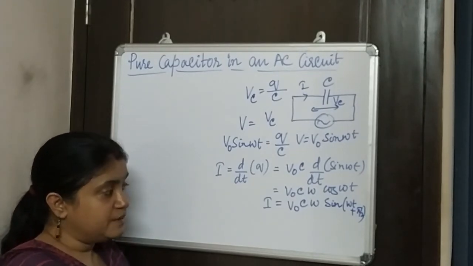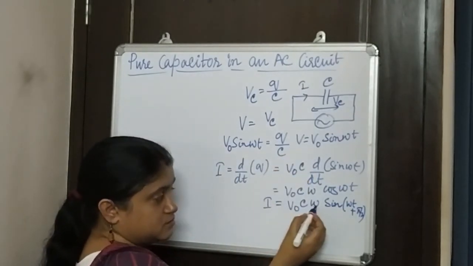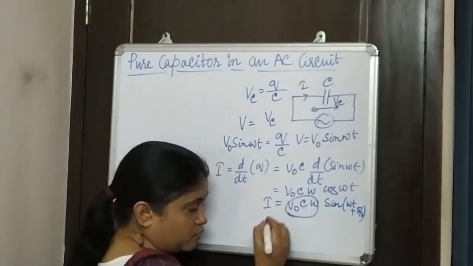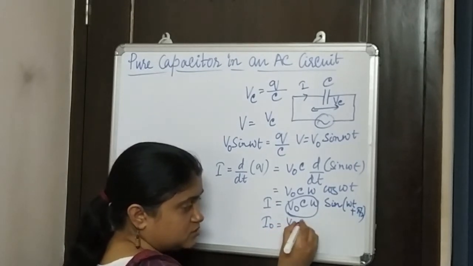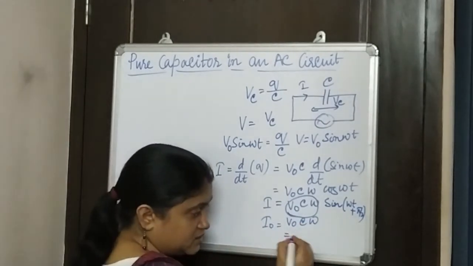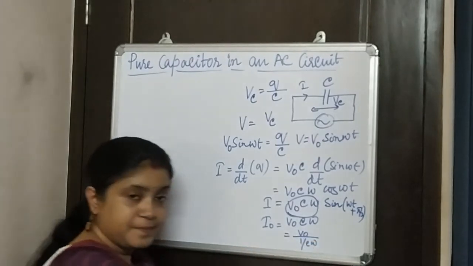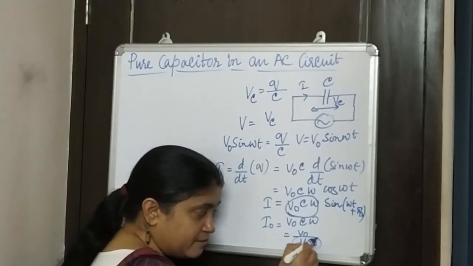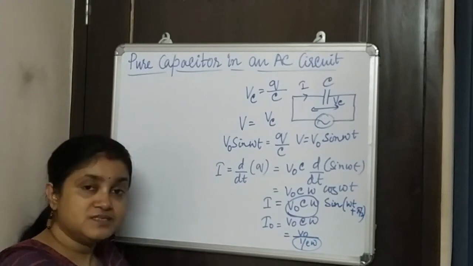If we compare this with any other expression, we can write that this I naught is actually V naught into C into omega, or we can write V naught divided by 1 by C omega. As we have already told, this V naught divided by this part is the resistive element of that particular circuit.